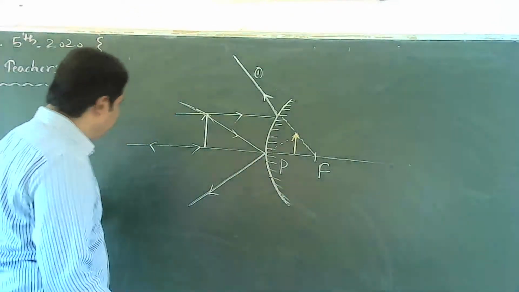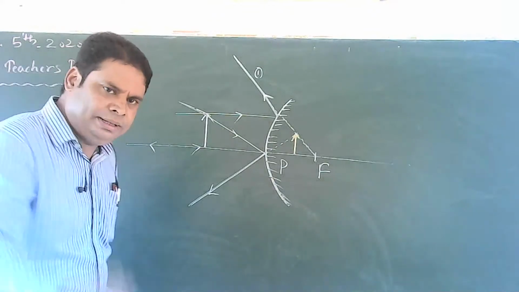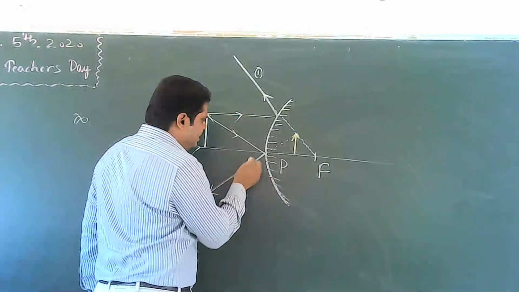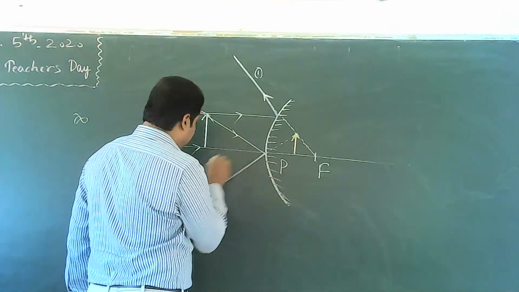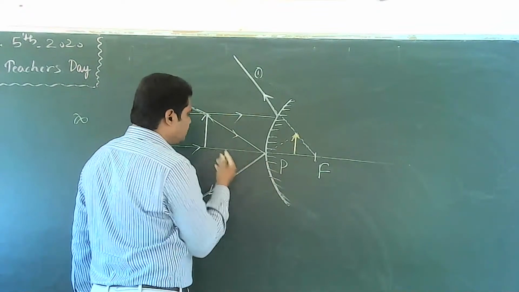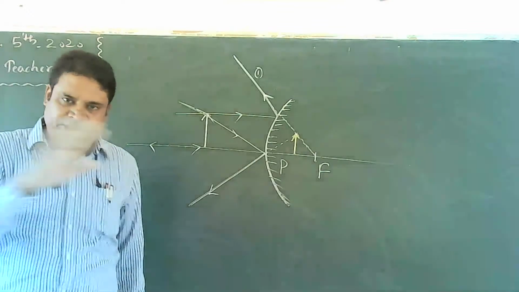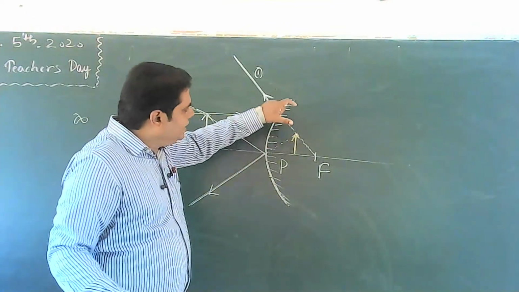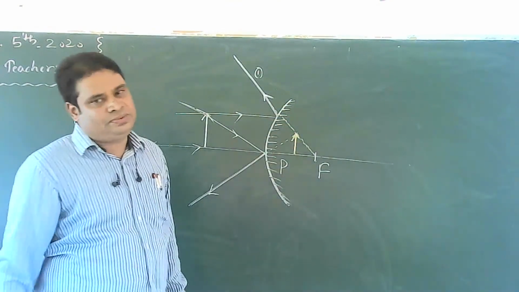In all positions, from infinity to somewhere between P and F, in all possible positions, only a diminished, erect, virtual image is formed.